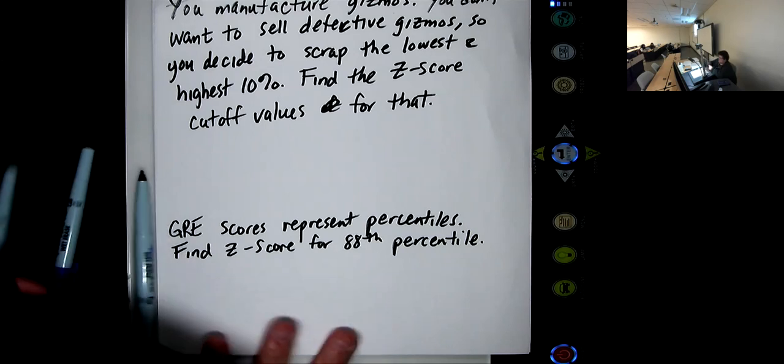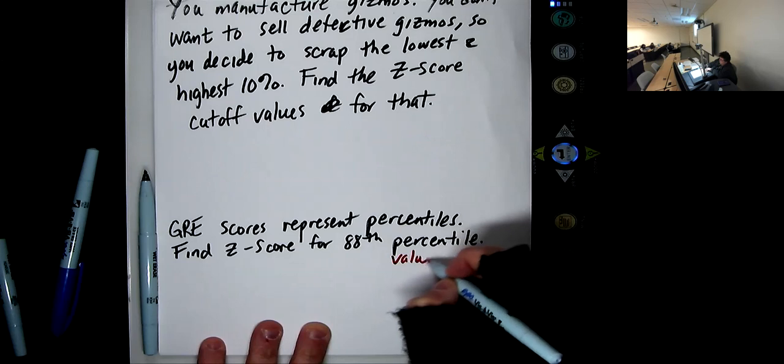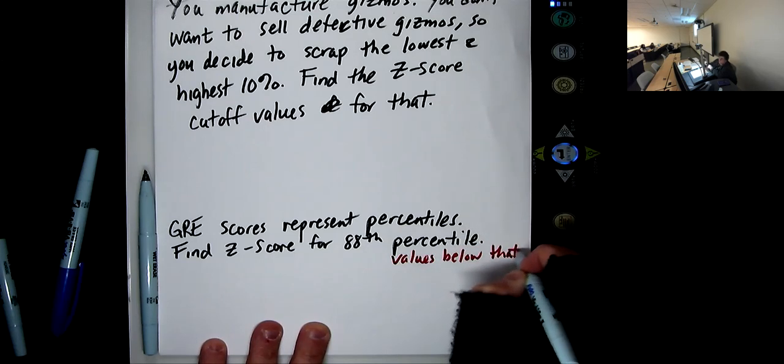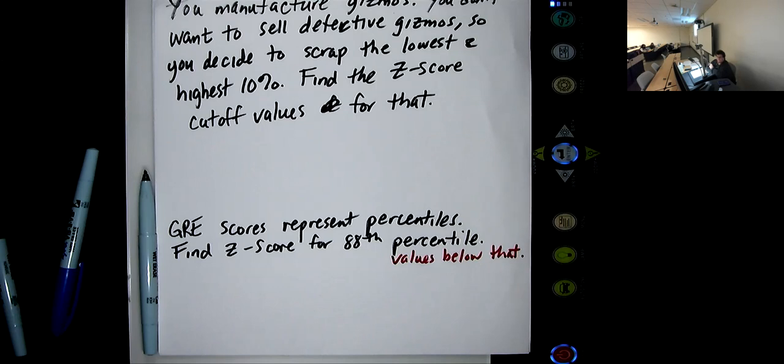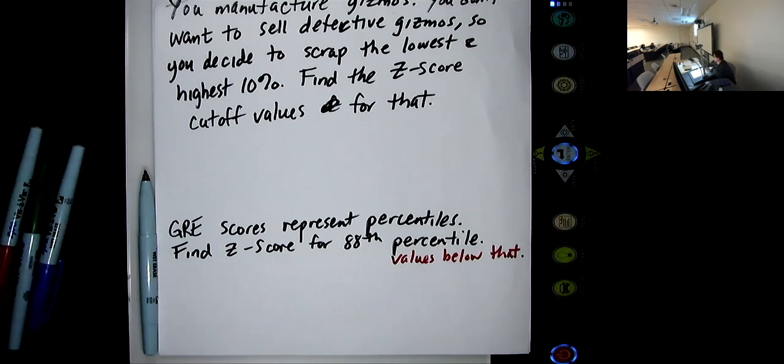And percentiles, as a reminder, are values below that. What you write down, I'll give you a little bit to write down. Then we'll shift over to the other screen.